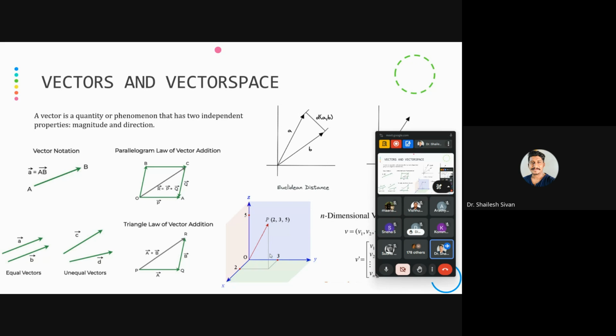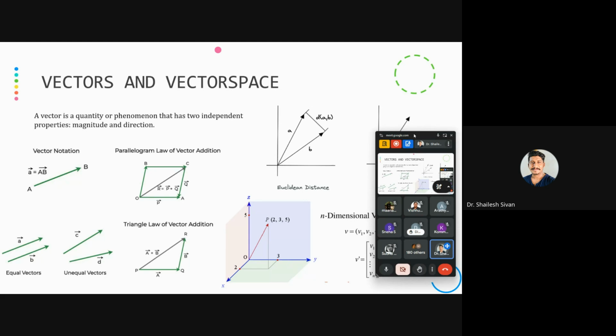In the three-dimensional case also, 2 3 5 is a point, and a vector starting from the origin towards this point is actually the vector 2 3 5. So any point in any n-dimensional space can be considered as a vector starting from the origin.